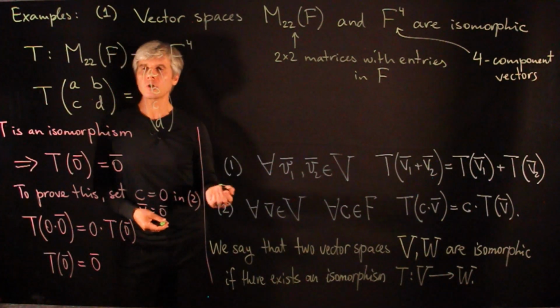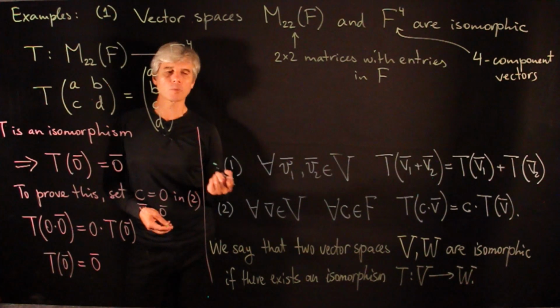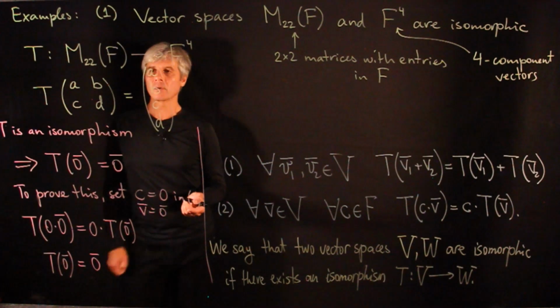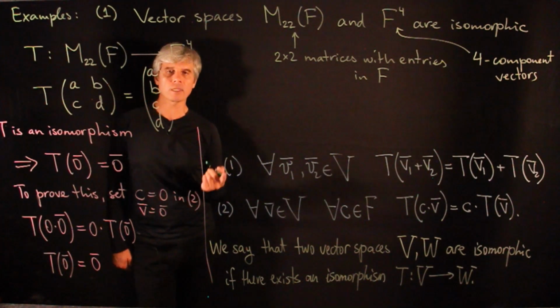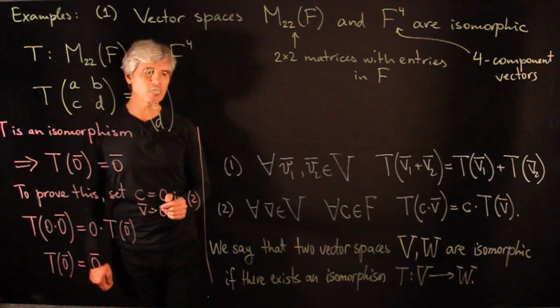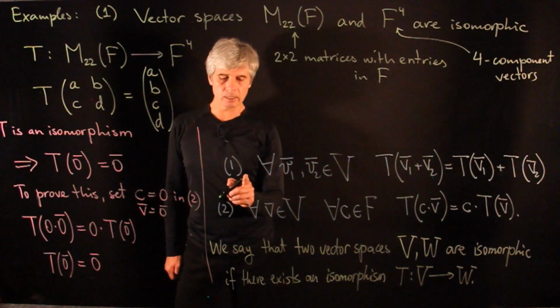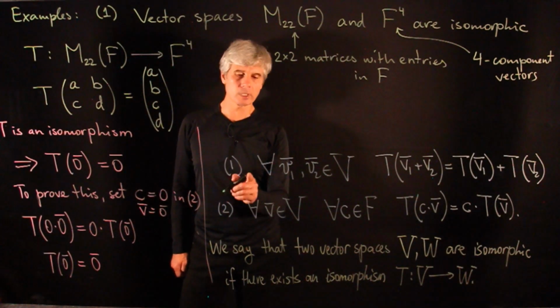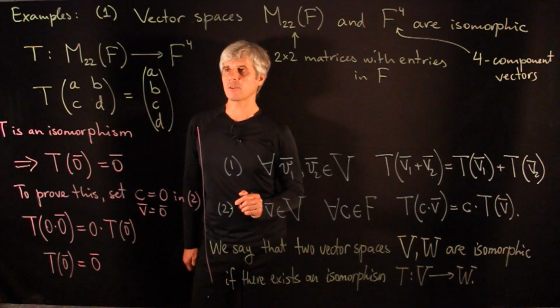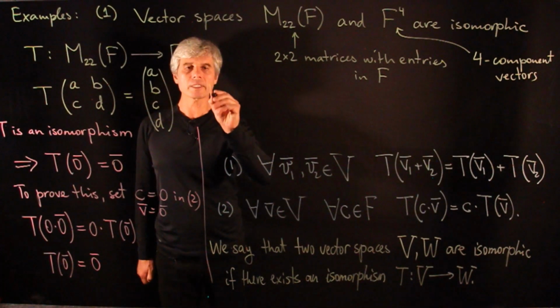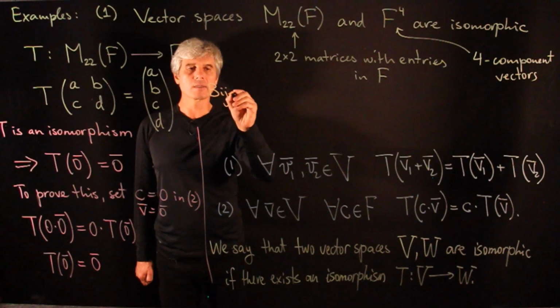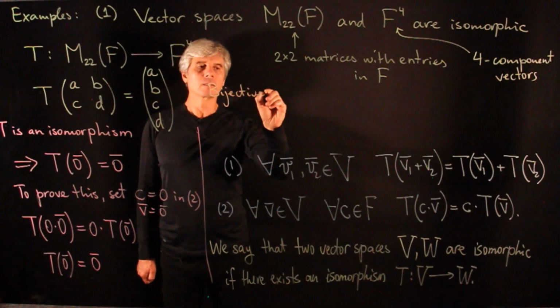So in order to prove that this is an isomorphism, we need to show 3 things: that this function is bijective, and it satisfies these 2 properties of an isomorphism of vector spaces. What does the bijective property mean?